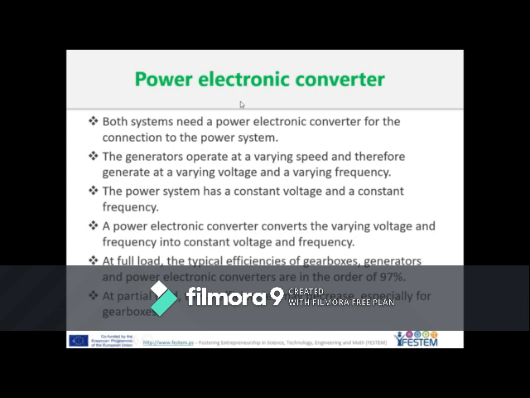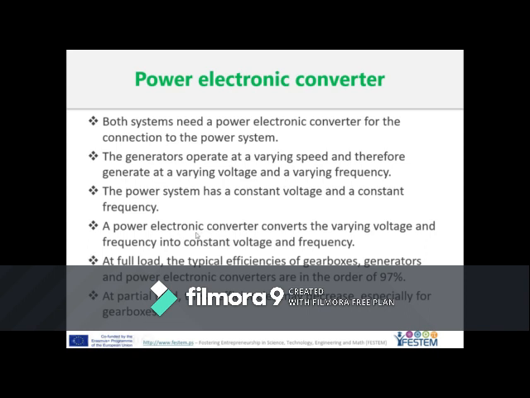Power electronic converter. Both systems need a power electronic converter for the connection to the power system. The generators operate at varying speed and therefore generate at a varying voltage and a varying frequency. The power system has a constant voltage and a constant frequency. That's one of the main reasons when we talk about renewable energy, we're saying it's not a reliable energy, because it does not have, like a typical power station, fixed voltage and fixed frequency.